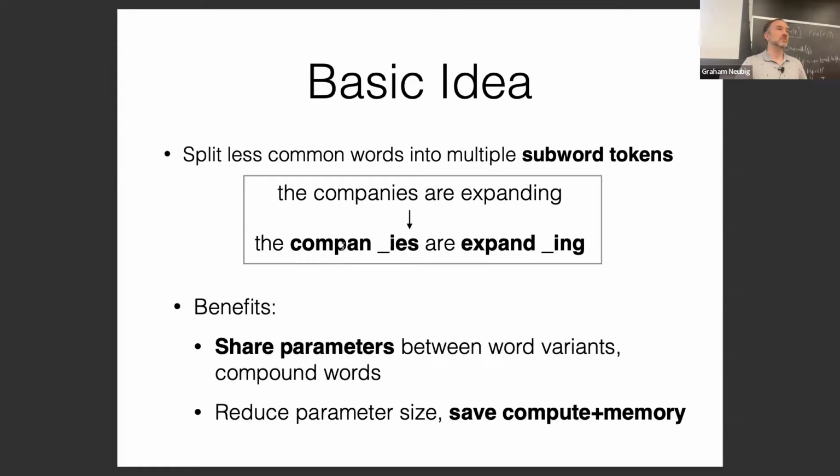This is really important because there's lots and lots of words in English. Does anyone have an idea how many words there are in English? No? It's kind of an ill-defined question, isn't it? Like, how do you define a word? I can make up words all the time, and I can turn nouns into verbs all the time.